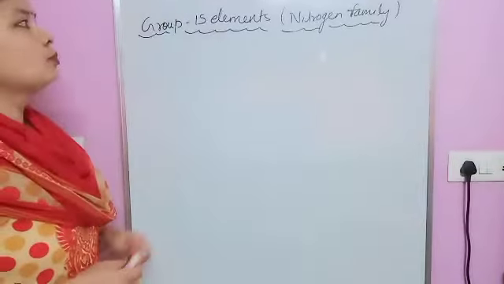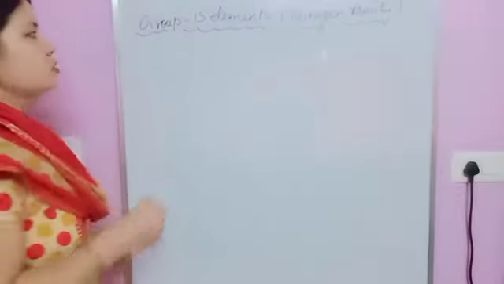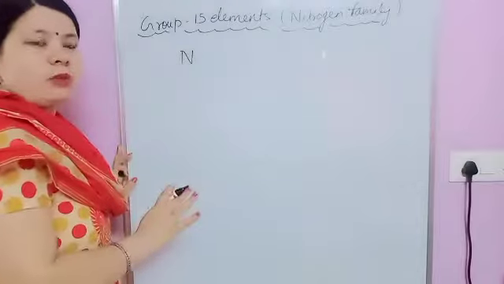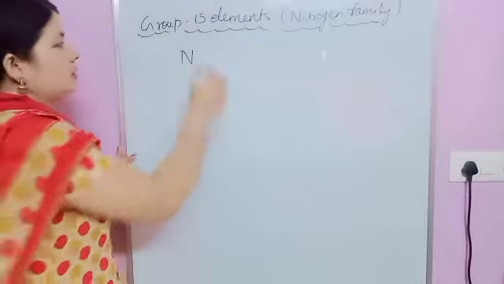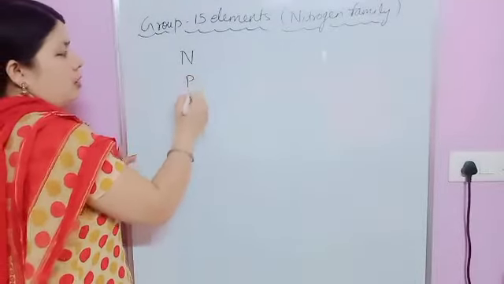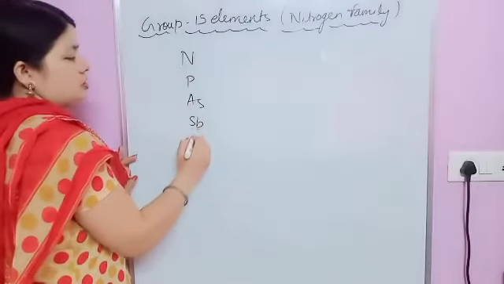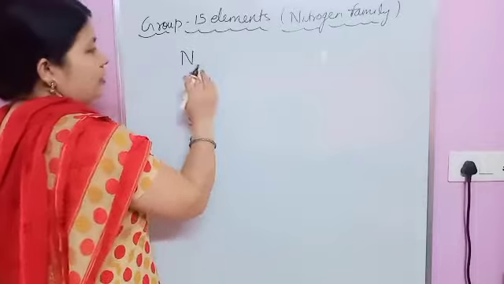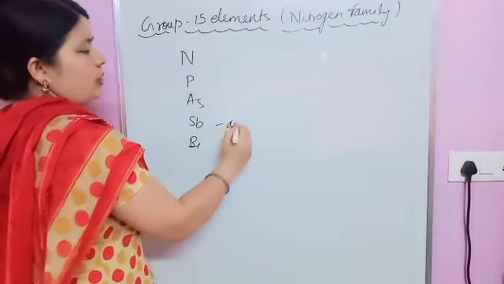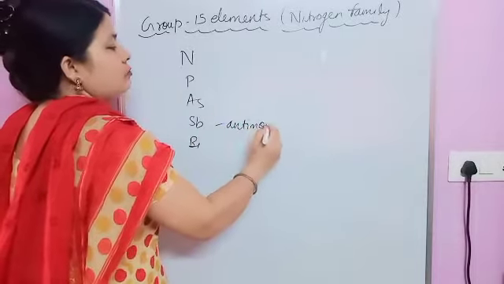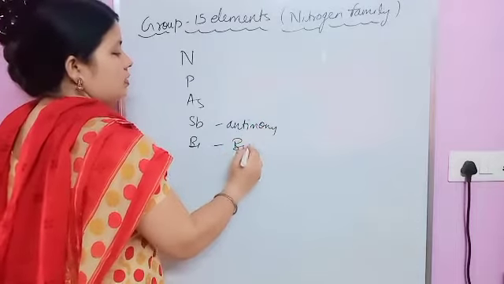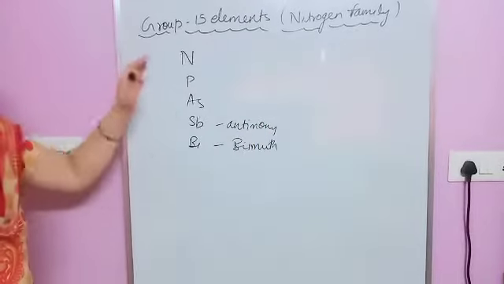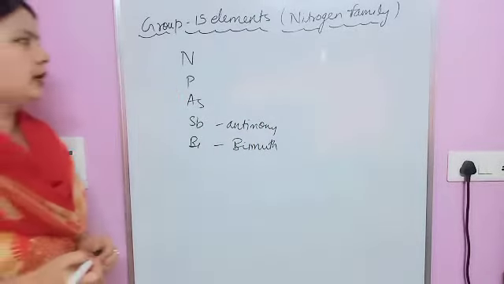Now in case of group 15, you know the members. Our concern is with these members: nitrogen, phosphorus, arsenic, antimony, and bismuth.